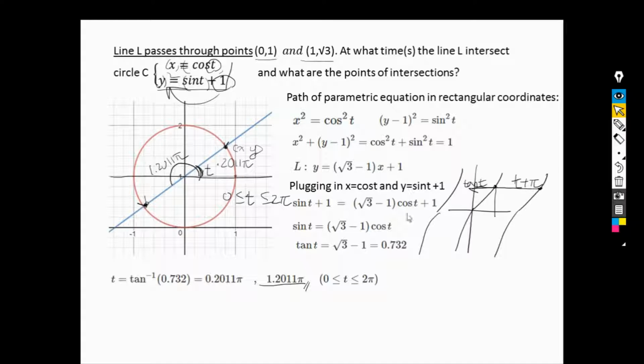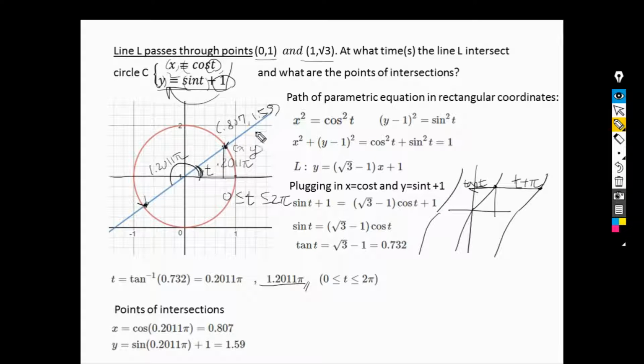So when we plug each t value into the circle C equation, then we get the intersection points in terms of x and y. So this is 0.807, 1.59, and this point is negative 0.807, 0.409.